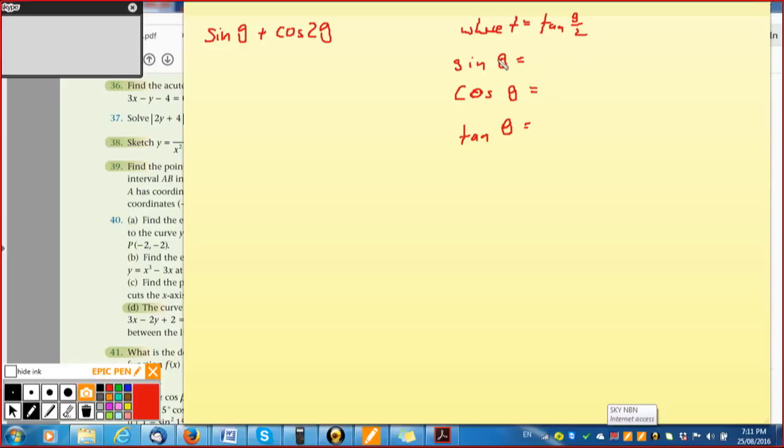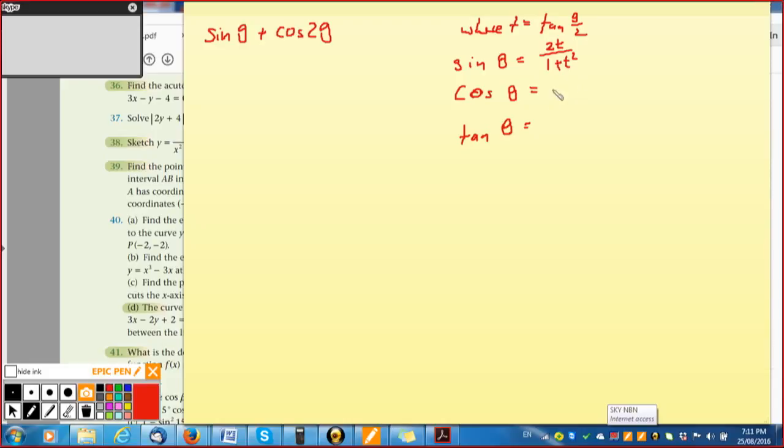So sine theta is going to be 2t over 1 plus t squared.